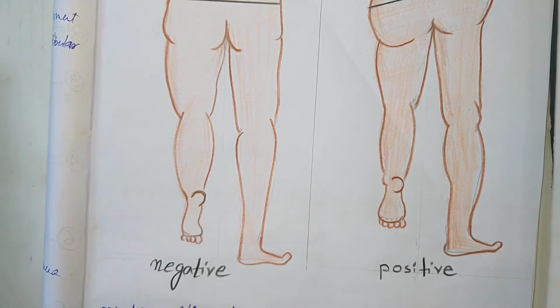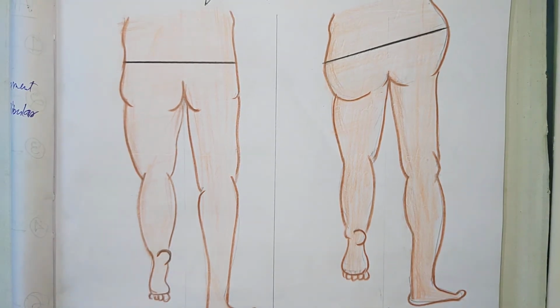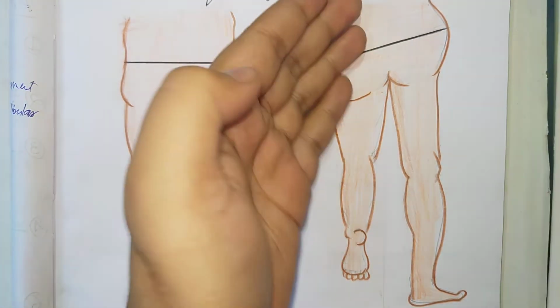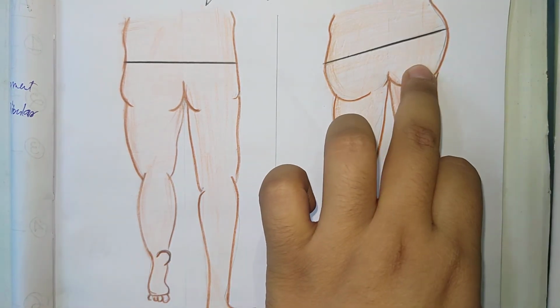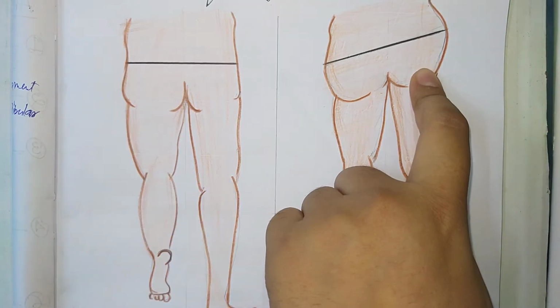But what is now Trendelenburg's positive? If the abductor mechanism is defective, like if these two muscles I have talked about, gluteus medius, gluteus minimus, are defective in any way, then the unsupported side, this side of the pelvis, drops. Okay, it drops. These muscles are not able to raise this side since these are paralyzed.